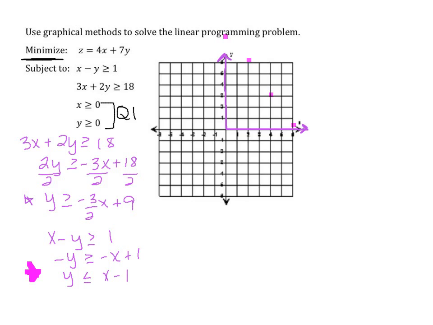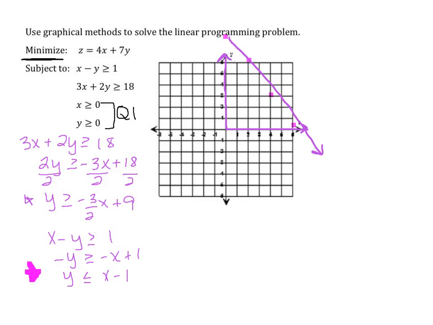And we have a solid line. And we want to shade above this line. So just keep that in mind. We want to shade above this line.